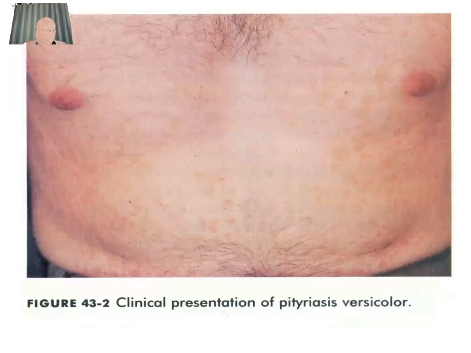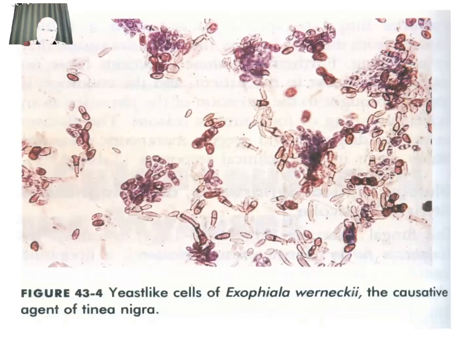So you can see a clinical presentation of pityriasis versicolor, those spots on our patient's abdomen, which is a very common problem, especially in Mombasa, Kenya. You can see a laboratory test of yeast-like cells of Exophiala werneckii that causes Tinea nigra. When you scrape this and put it in a chemical in a laboratory, this is what you are going to see.